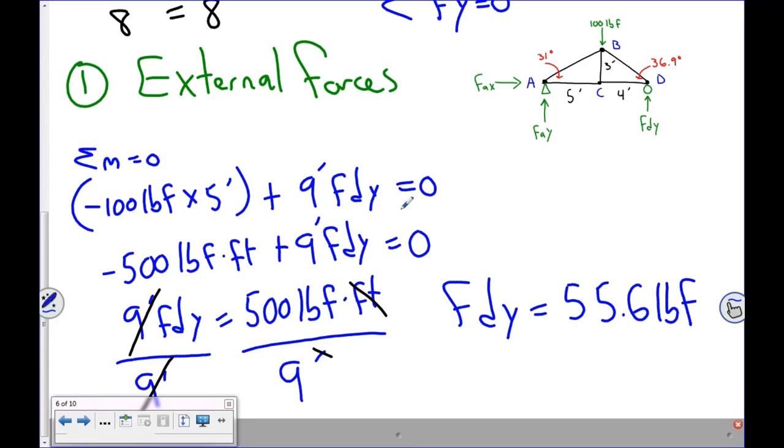So I just combine like terms here, trying to solve for FDY. So I divide by 9 feet, divide by 9 feet, feet go away. I'm left with 500 divided by 9. FDY is 55.6 pounds of force.